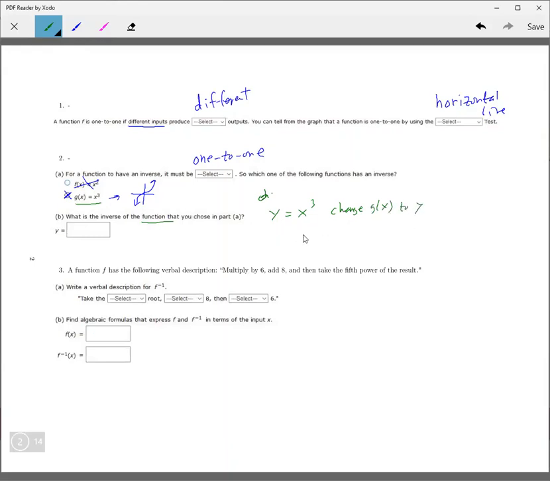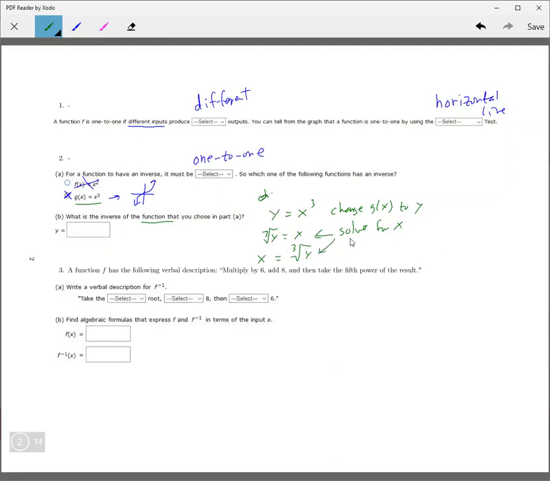The next step is to solve for x. If we take cube roots of both sides, then x is equal to the cube root of y. That's solving for x.